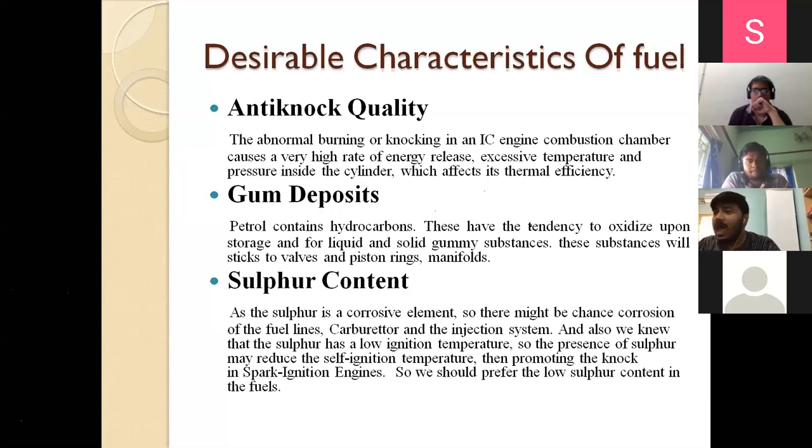Knock means the abnormal combustion of the fuel, which produces some unwanted sounds. It depends mainly on the fuel, so the fuel must limit this knocking tendency, that is, it must have anti-knock characteristics, because knocking affects excess energy release, excess temperature, and the thermal efficiency.